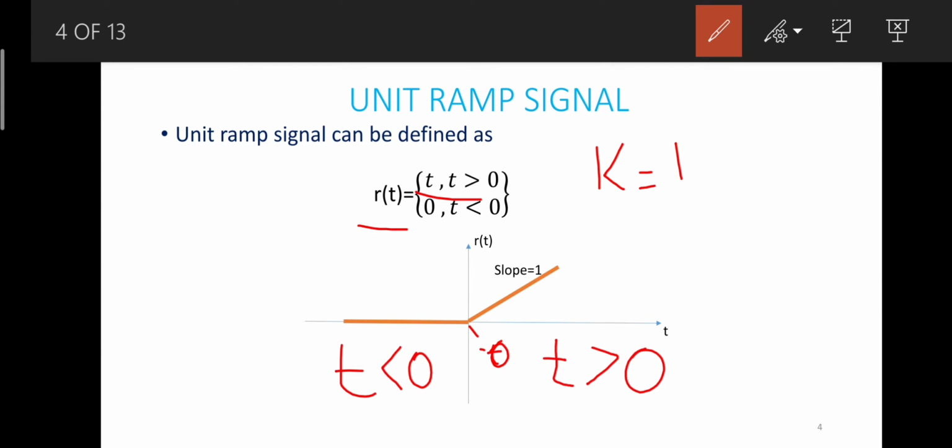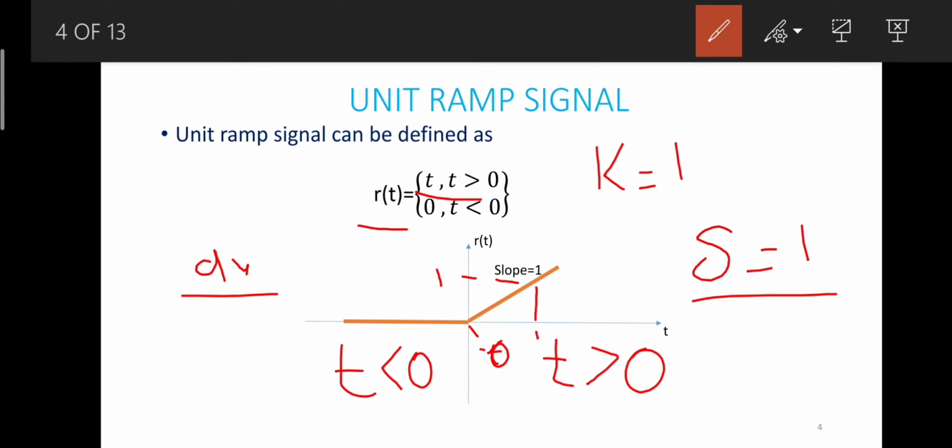So for negative time r of t is equal to 0, and for positive time it follows a straight line whose slope is equal to 1, which means that for every 1 unit change in x axis, the corresponding change in y axis will be equal to 1. This is the unit ramp signal.